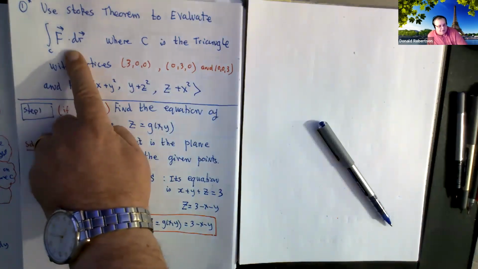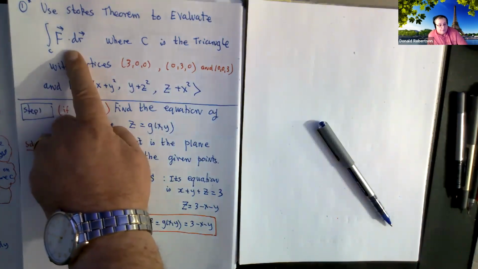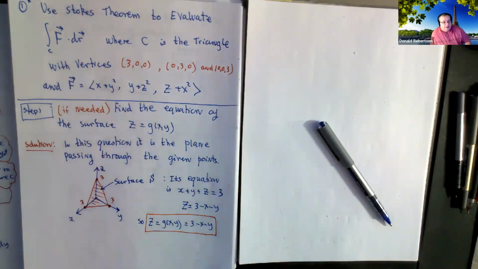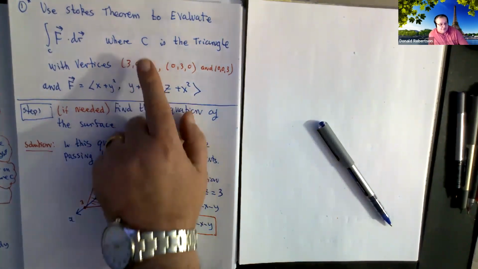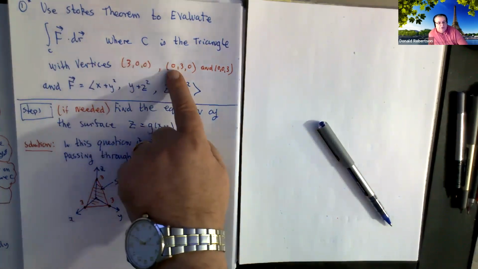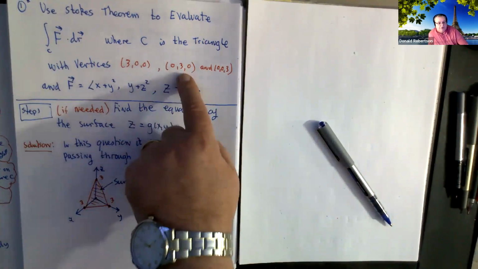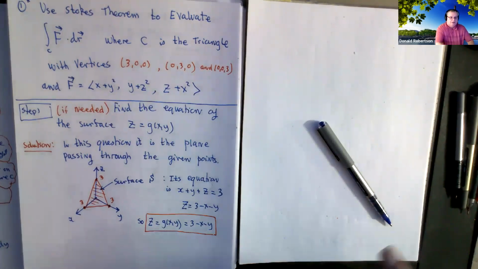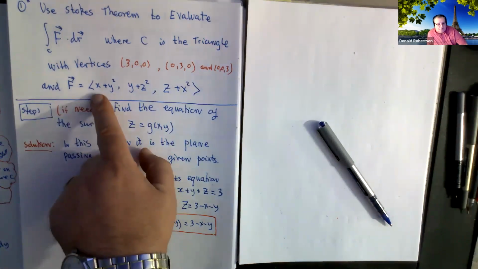So you're being asked to find this, which is true for all of the questions in this section. And you're told what the curve C is, right? So you're told what this guy is, and it's actually the line joining these 3 points in 3D space. So imagine a triangle in 3D space, that's representing the curve C. And here is your vector field F.